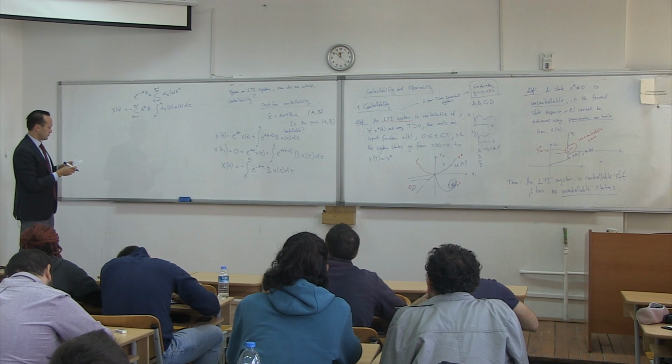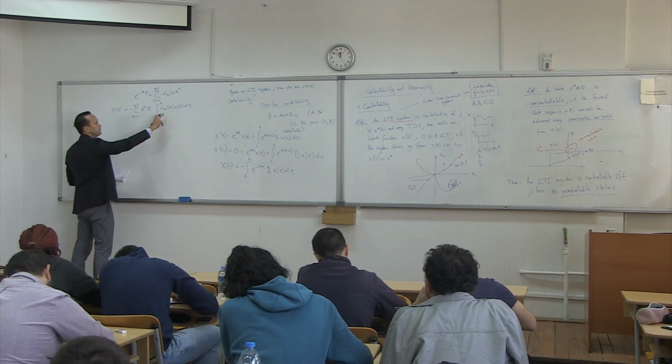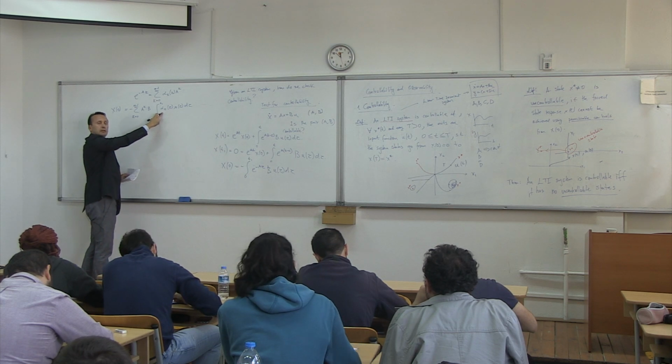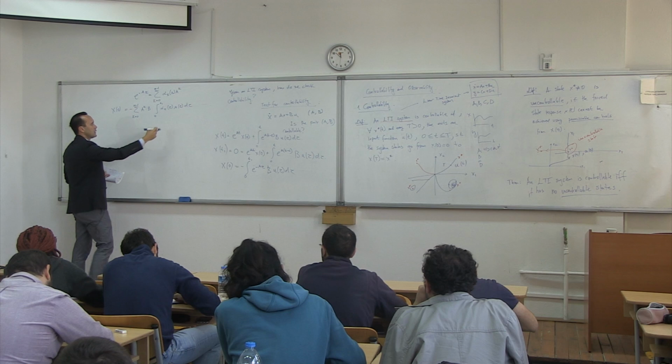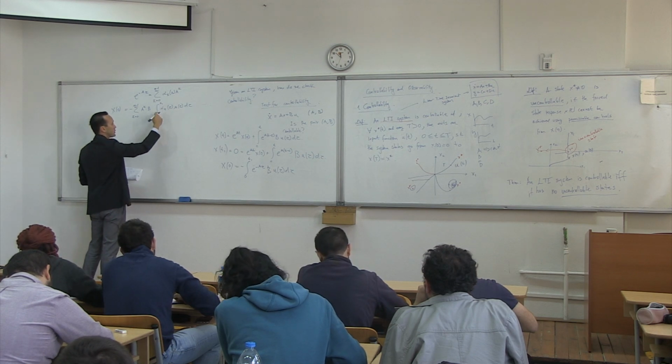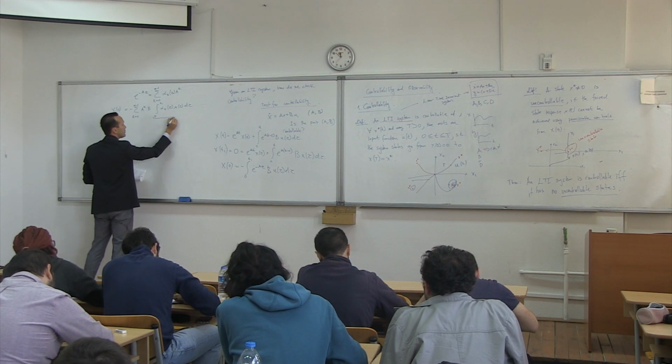Okay? So if you look at this, this is a constant. These are the controls that I'm providing, right? And this is a finite integral because it goes from 0 to t1. Okay? So this would eventually become some numbers.